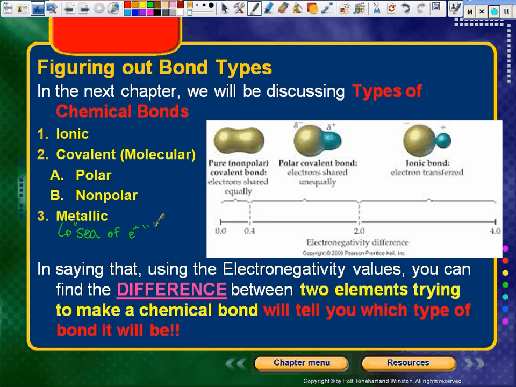Inter means between, molecular means molecule. It is a force between molecules. Do you agree that this little brown thing is a molecule? If I had another one, it would be the thing that held them together. Water is a molecule, and it's what holds water molecules together. Okay, we'll talk about that.